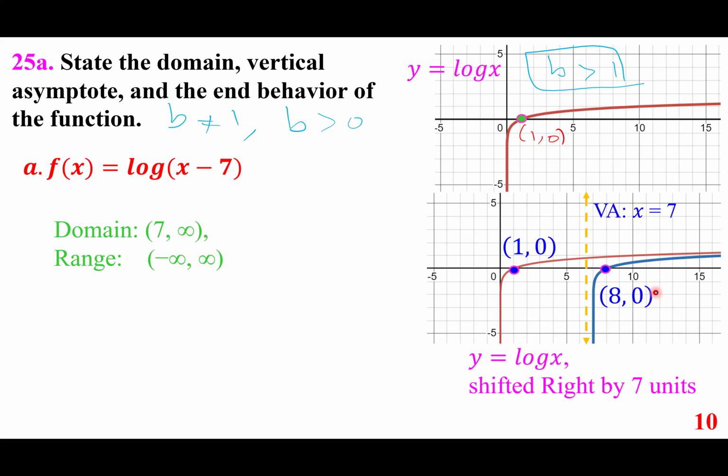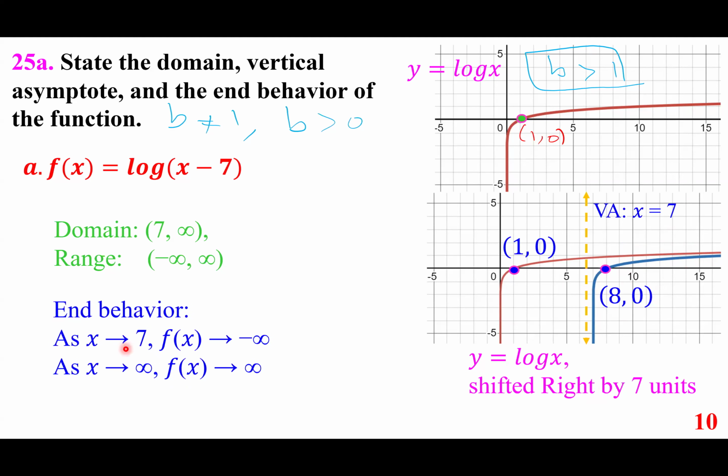For this one, when x goes to infinity, f of x goes to infinity. But as x goes towards 7 from the right, it goes down to negative infinity. So we write, as x goes to 7, f of x goes to negative infinity. As x goes to infinity, f of x goes to infinity. This part and this part.